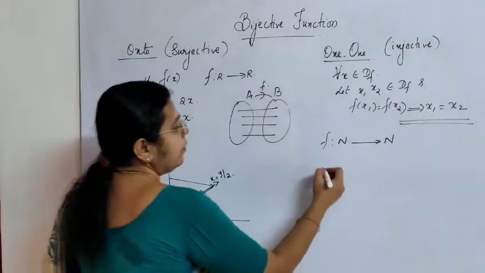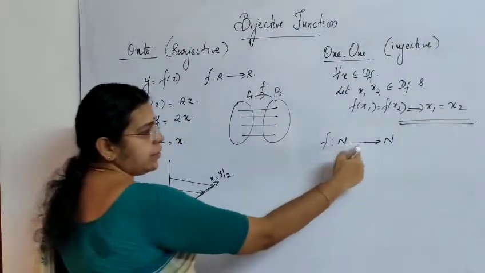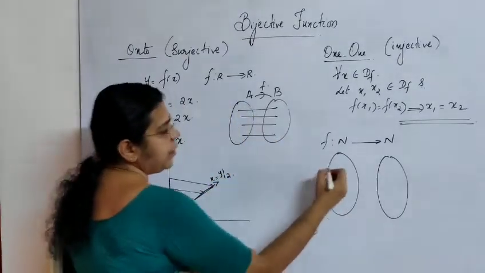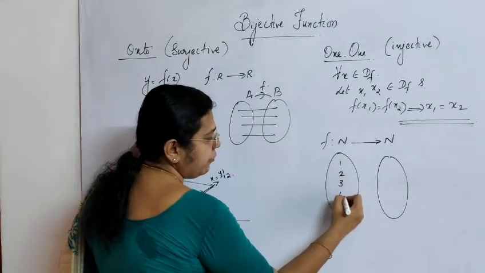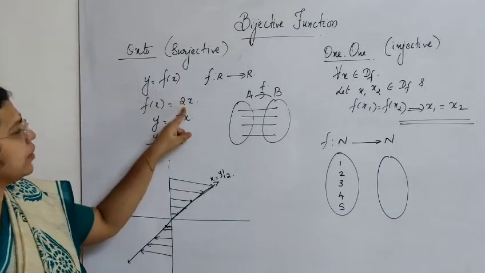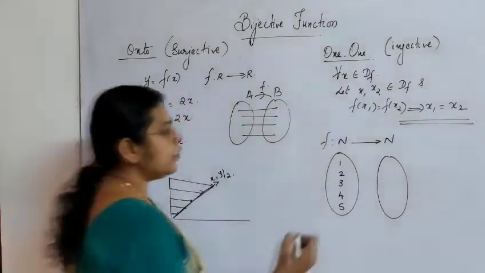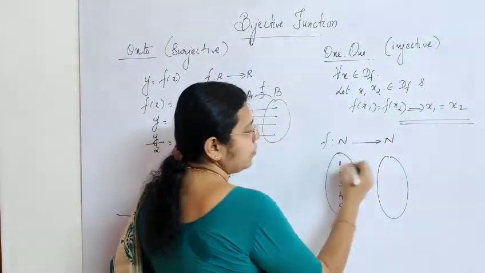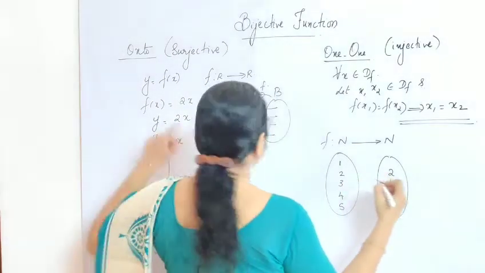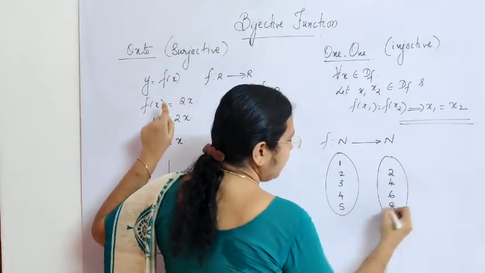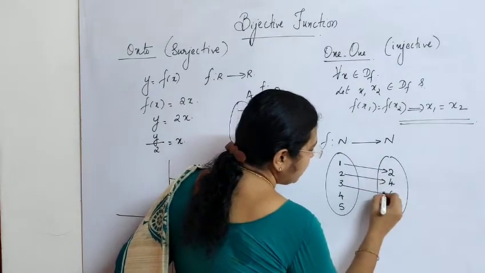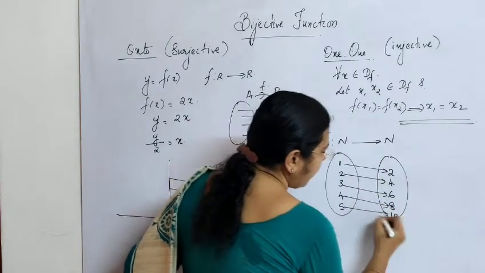When I draw this arrow diagram, I have 1, 2, 3, 4, 5, etc. Now, y is equal to 2x. So 1 is mapped to 2, 2 is mapped to 4, 3 is mapped to 6, 4 is mapped to 8, and 5 is mapped to 10.